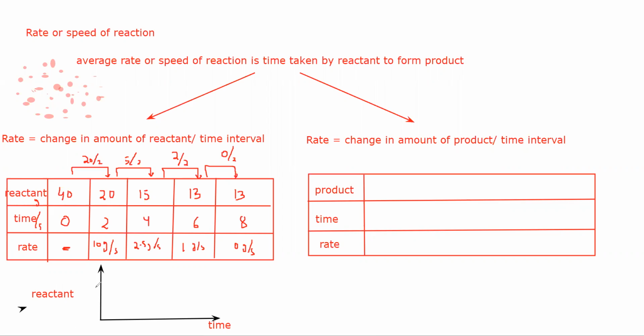So you have more reactant in the beginning, at the start of the reaction. But with the passage of time, the amount of reactant is decreasing and eventually there is no change. So what it shows is that the reaction stopped. In which position is the reaction fast? In the beginning the reaction is fast, then the reaction slows down, and then the reaction stops.